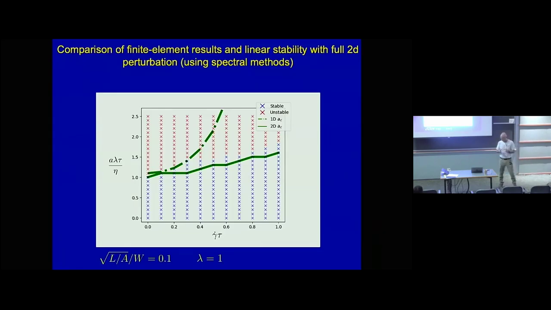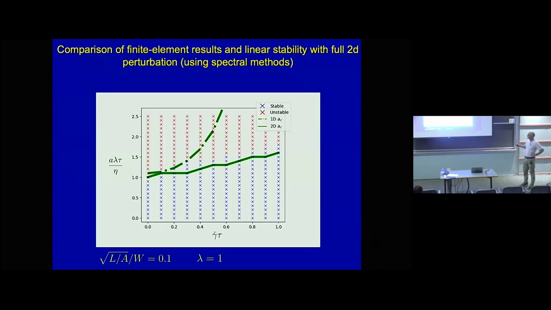In the numerical calculation, the size of the system is finite, whereas in our spectral calculation, we have wavelengths which are longer than that finite length, because in principle, we're looking at an infinite channel, and of course, we cut off the wavelengths at a certain point.